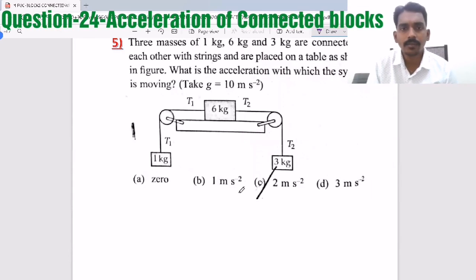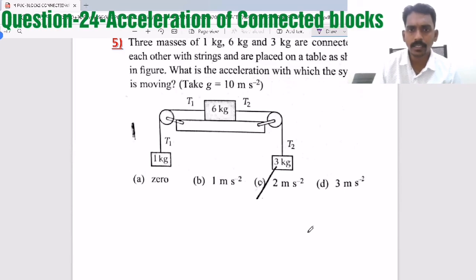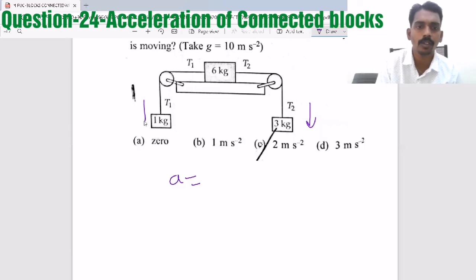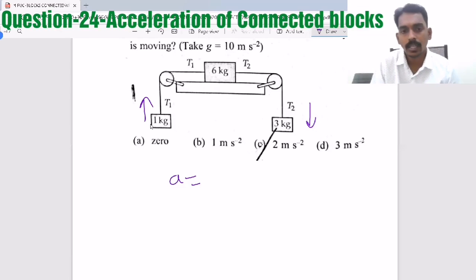Now, three masses of 1 kg, 6 kg and 3 kg are connected to each other with strings and placed on a table as shown in the figure. What is the acceleration with which the system is moving? As I said, if you want to find acceleration, first you have to find the pulling force. Here 3 kg or 1 kg: obviously 3 will go down and 1 will go up.